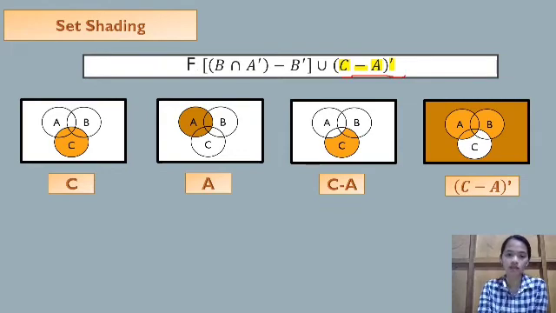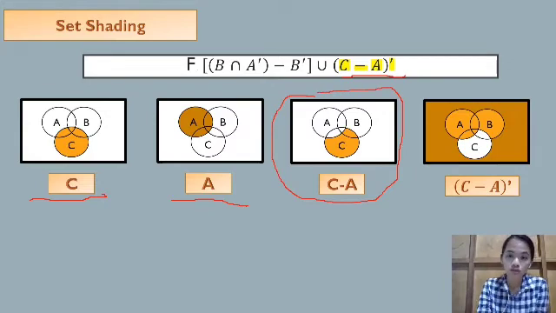First, we get C. This is C. Next is A. Now that we have C and A, what we will do is subtract A from C. So the answer is this.